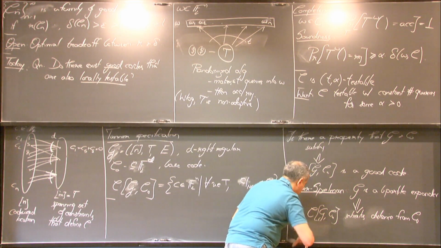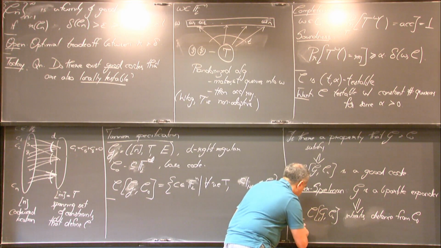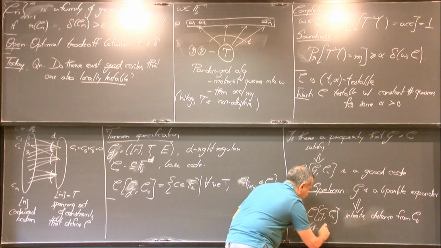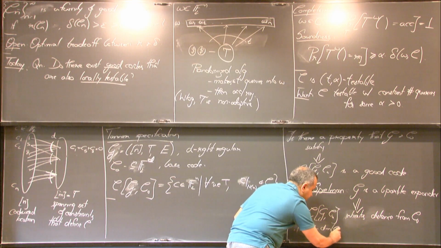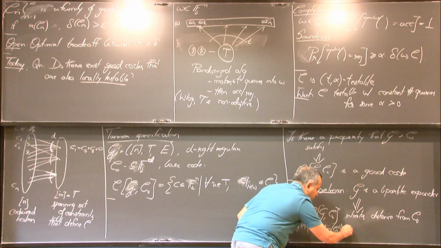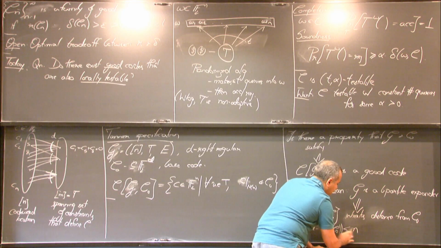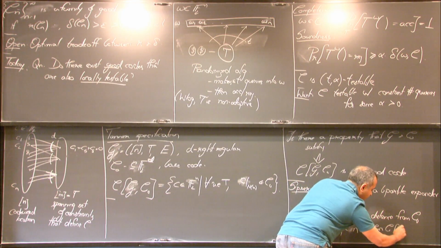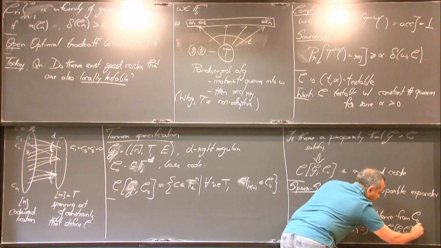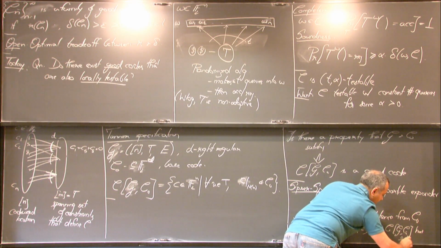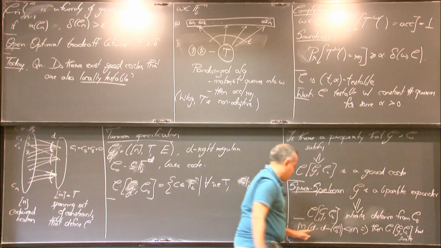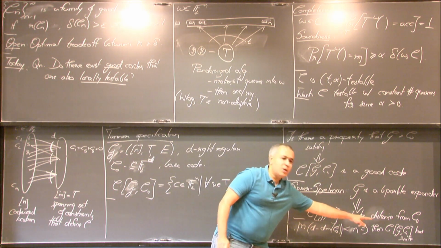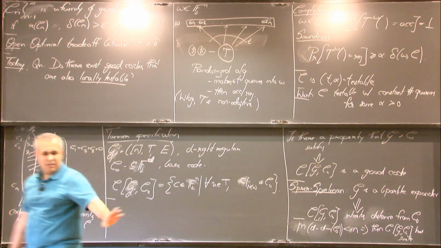Let me write it this way: if m times d minus the dimension of C0 is strictly smaller than n, then the combined code has good rate. The gap between these two will determine how good the rate is. Let's ignore that.